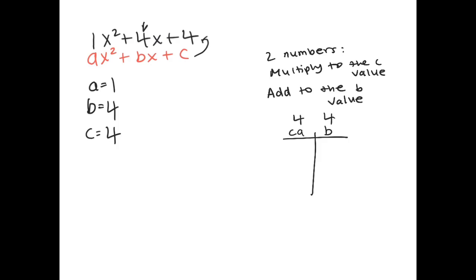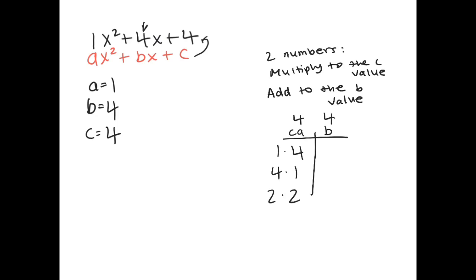Now, we have to find two numbers that multiply to our C times A value, that column, that's 4. So we have to find two numbers that multiply to 4. We got 1 times 4, and 4 times 1, and then 2 times 2.